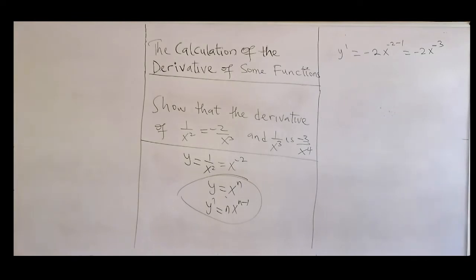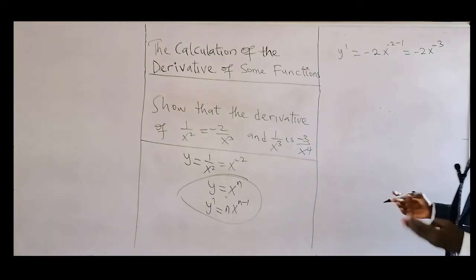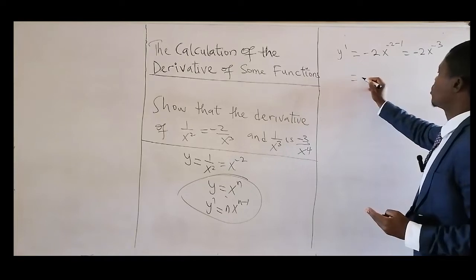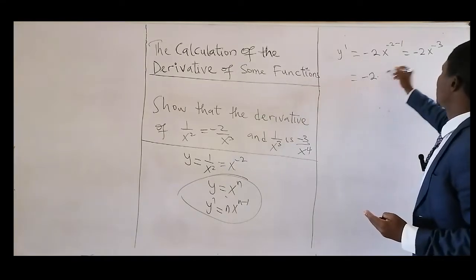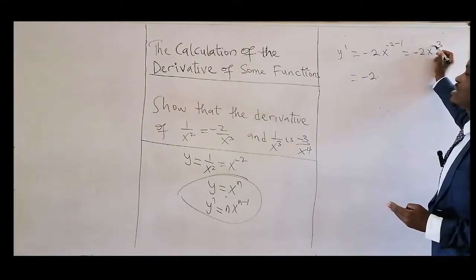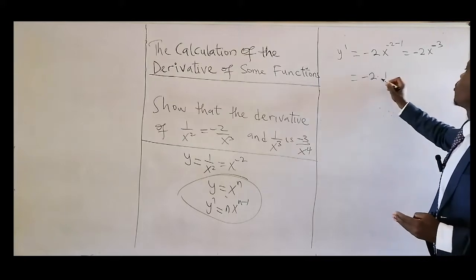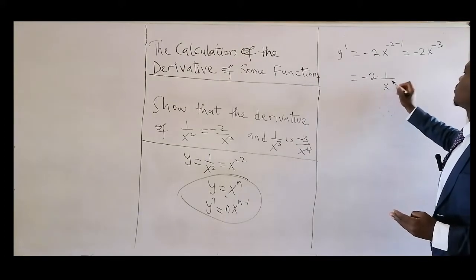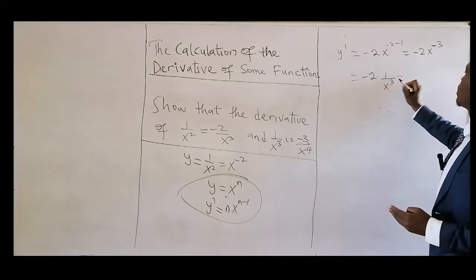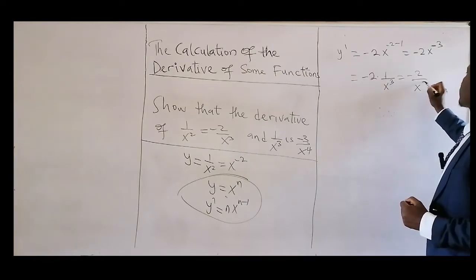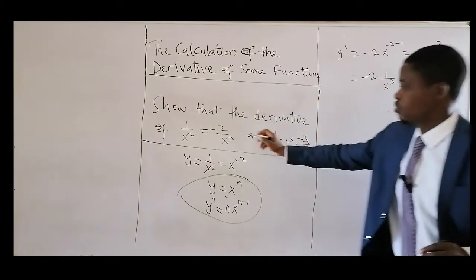That's the answer. The only thing we need to do is the algebra, which will be equal to minus 2 times 1 over x cubed, so minus 2 over x cubed. And that's what we are told to do.